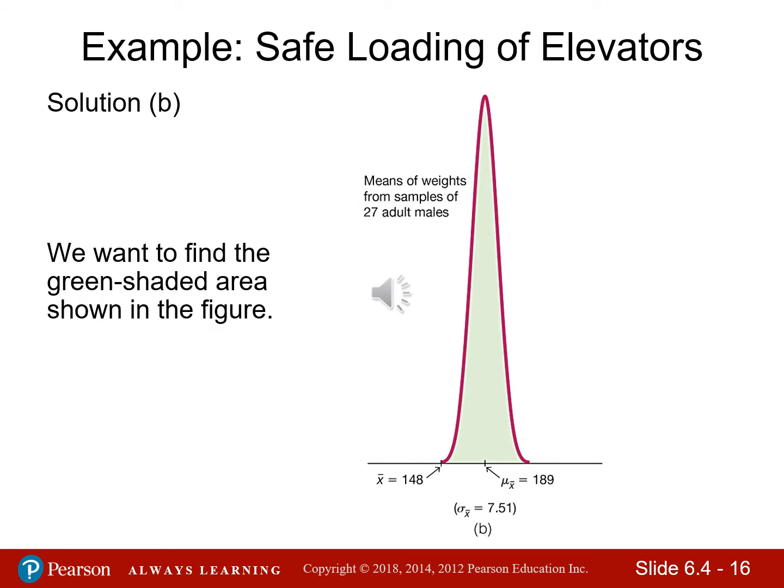So since we want to find the probability that a sample of 27 randomly selected adult males have a mean weight greater than 148 pounds, we will want to find the green shaded area shown in this figure.